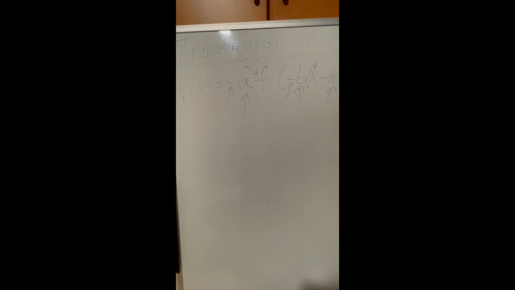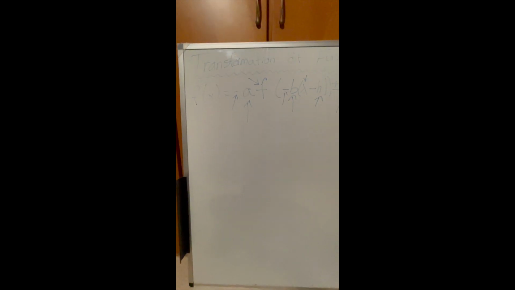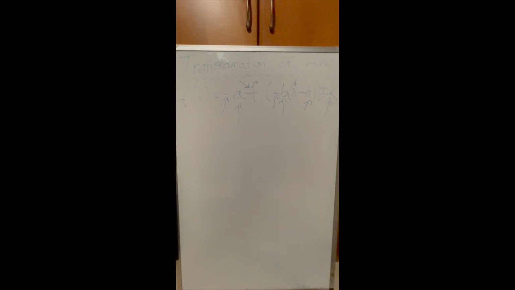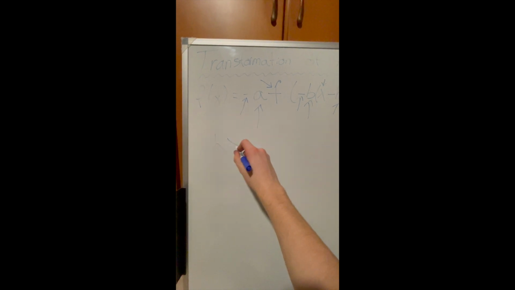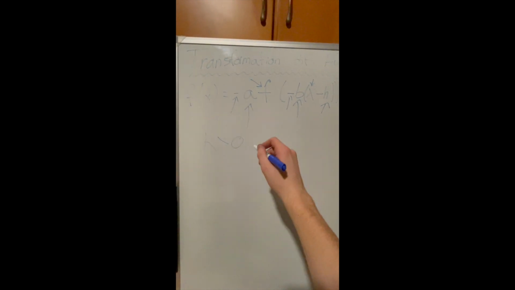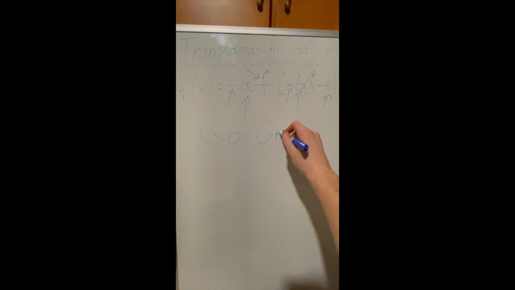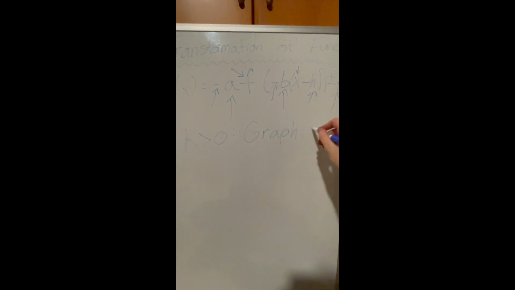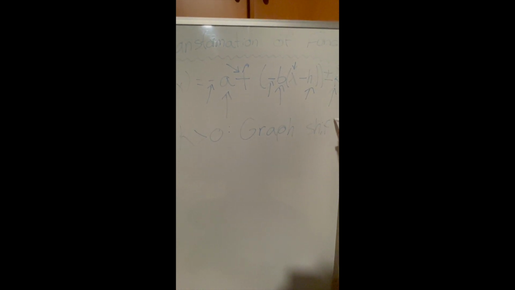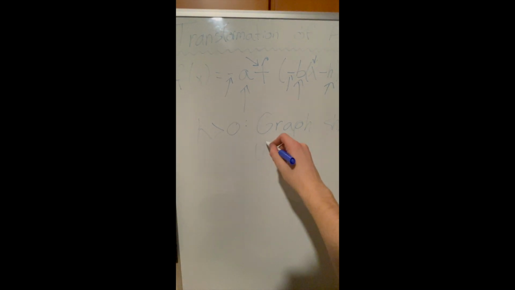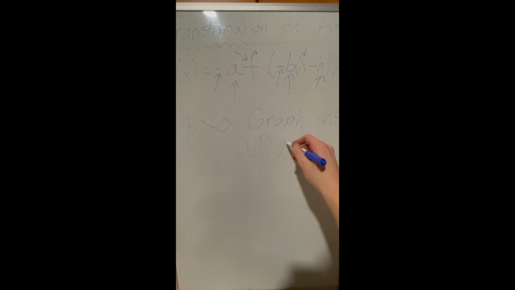And finally, this k right here refers to the vertical shift. It is plus or minus because it can be both. If k is greater than 0, then the graph shifts up k units.